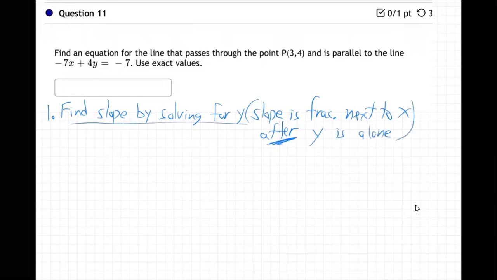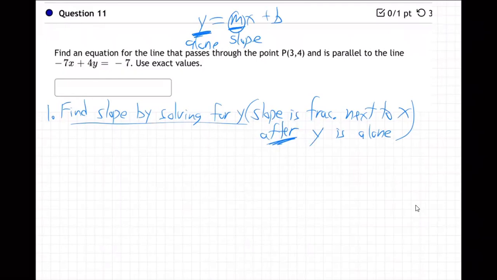Does that make sense? Remember, y equals mx plus b, right? When y is alone, then what's next to x is the slope. That's the meaning of that general form of the equation. If you get y alone, then the m, the thing next to x, will be the slope.